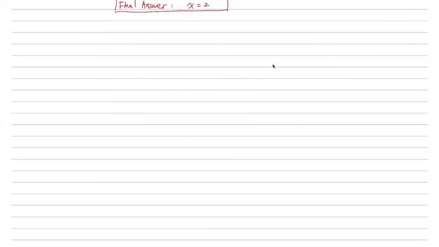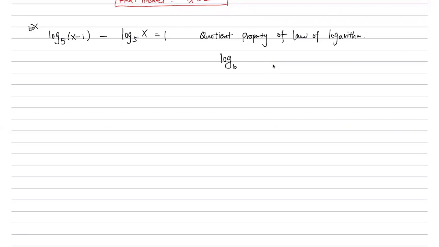All right, so now similarly, if I have a type of question with log base 5 of x minus 1, and then minus log base 5 of x equals 1. So now again, by the quotient property of the law of logarithm, we'll have log b of x minus log b of y equal to log b of x divided by y.